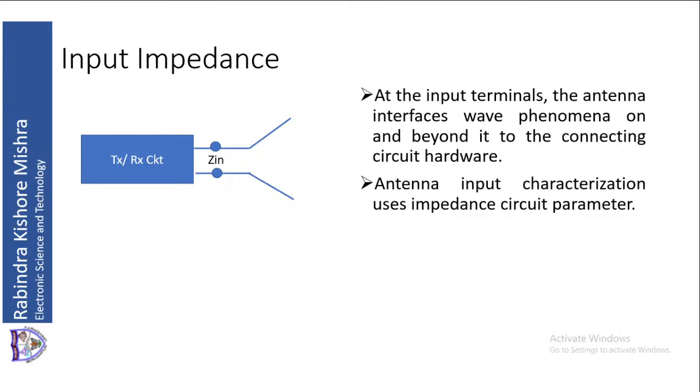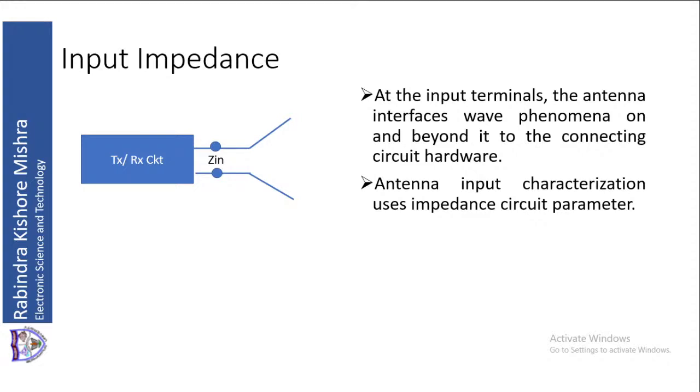So whatever input impedance is seen at the input point by the circuit, the circuit sees an input impedance Zin, which is the input impedance of the antenna. So the circuit sees a load impedance Zin connected across its output terminals.